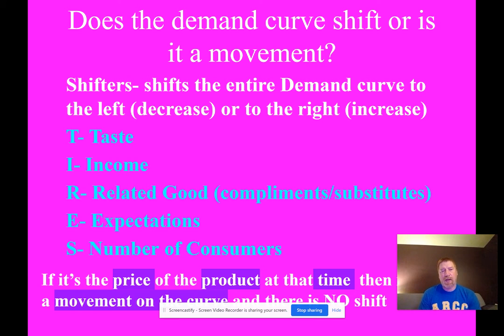T is taste, like advertisement or being popular. I is income, if your wages change. R is related goods, like complements and substitutes. E is expectations. And S is number of consumers, so size. And then if it's just the price of the product at that time, then it's a movement on the curve, and then you wouldn't have to shift it.